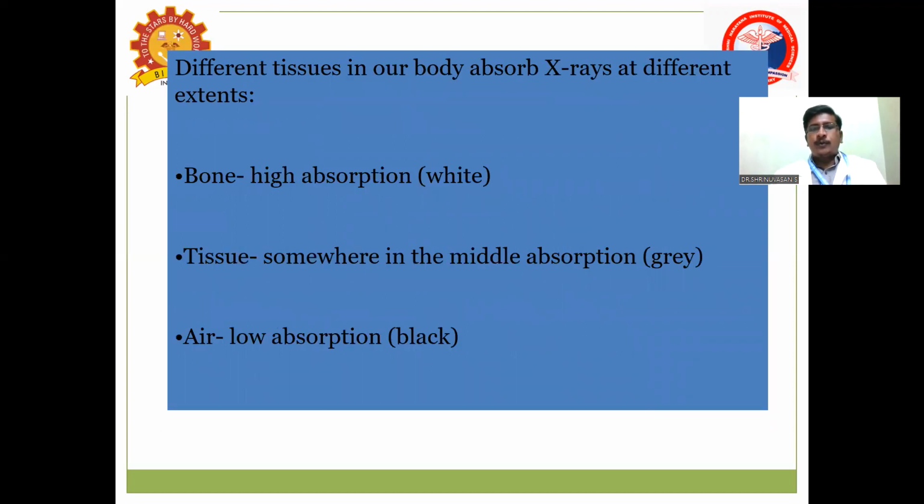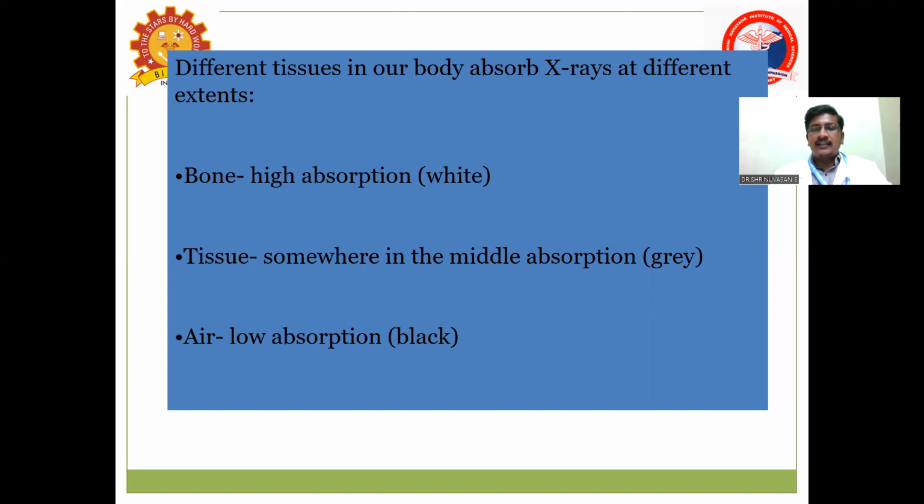How does it produce an image? As humans, we have different types of tissues: skin, subcutaneous soft tissue, intermediate muscle tissue, other intermediate dense structures, nerves, vascular structures, and then strong bone structures.